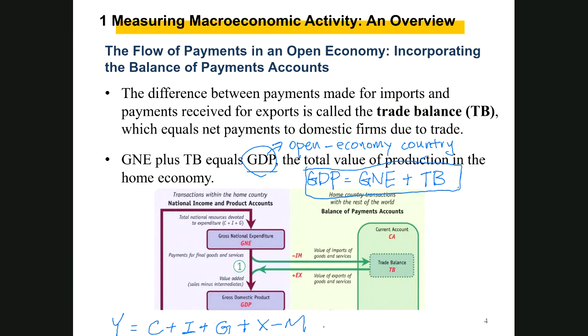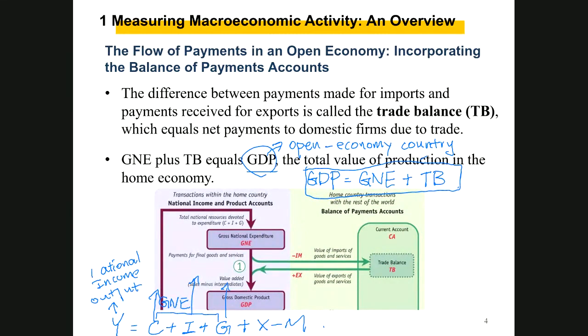So this is the national income, or national output. And this is called GNE: the private sector's consumption, private sector's investment, and government spending.